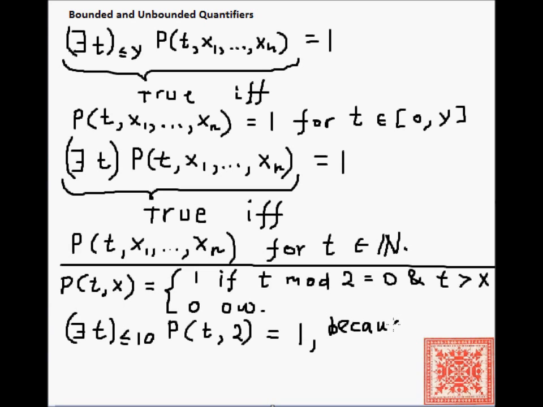And obviously this is 1. Why? Because, let's say 4. p(4, 2) is true because 4 is an even number. 4 modulo 2 is equal to 0. There's no remainder when we divide 4 by 2, and 4 is greater than 2, and 4 is in that closed interval from 0 to 10.